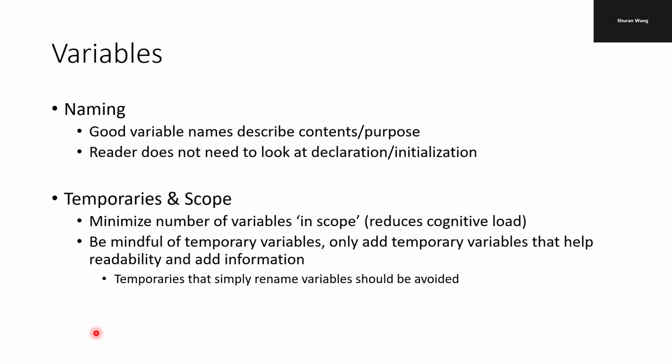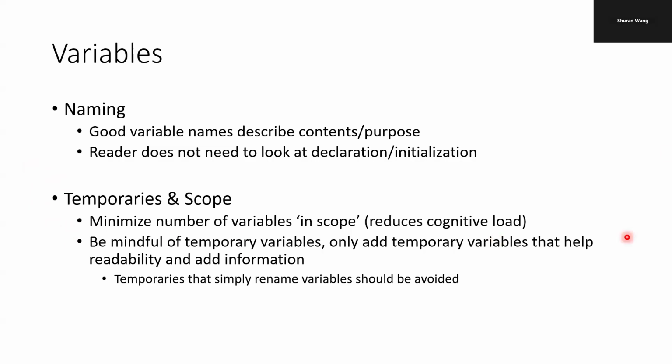Variables. Good variable names describe the contents and purpose of the variable, so that the reader doesn't need to go back into the header file or the top of the file to look at the declarations and initializations and any comments there. Minimize the number of variables in scope.